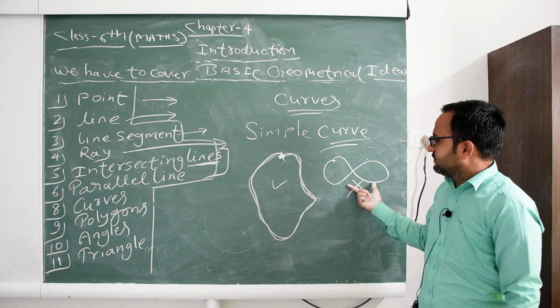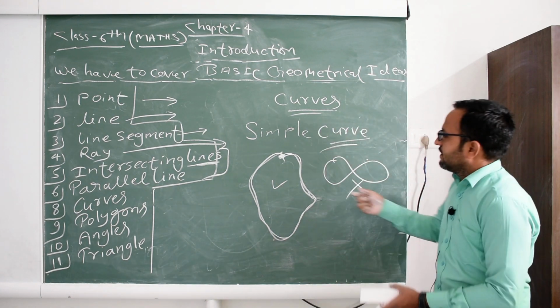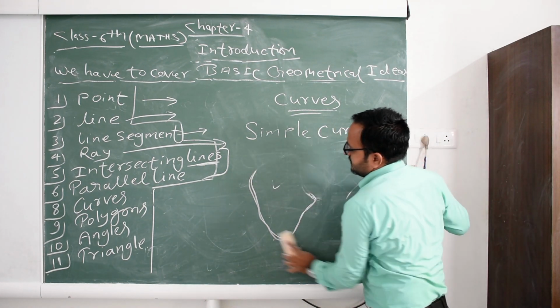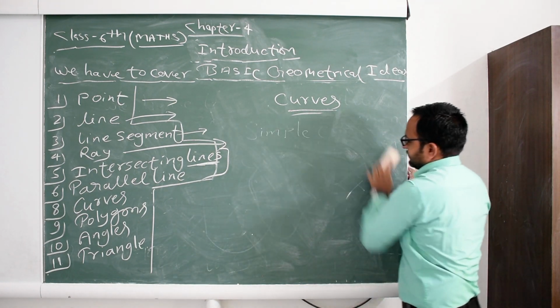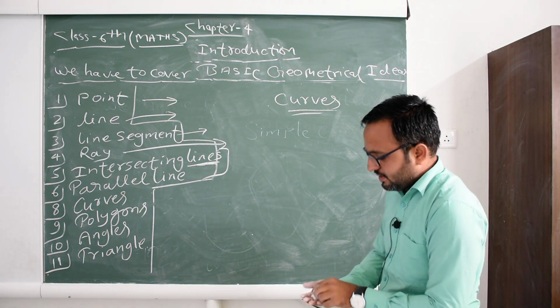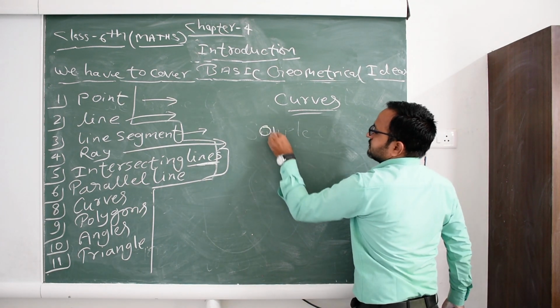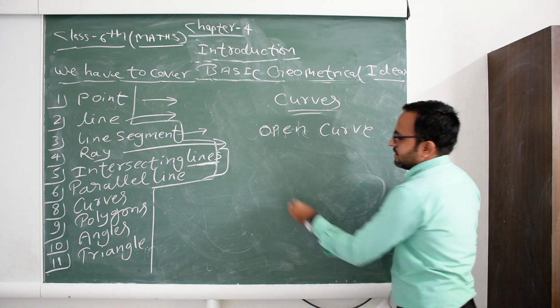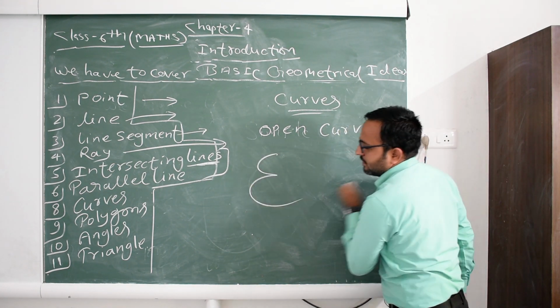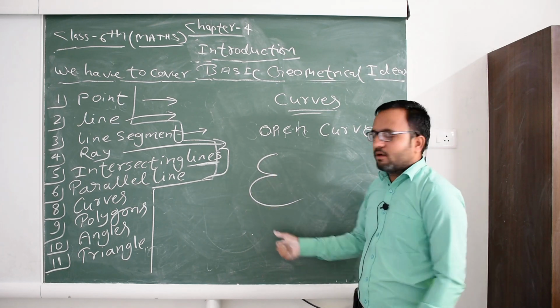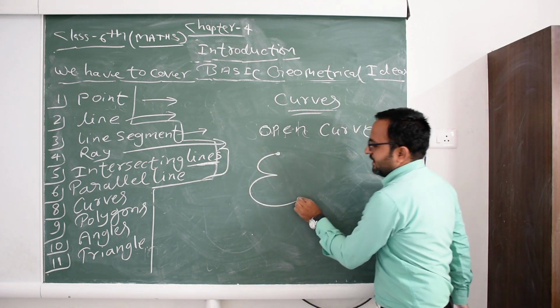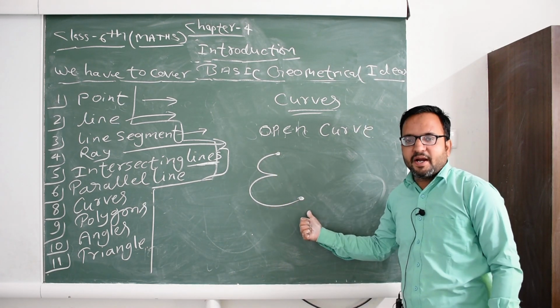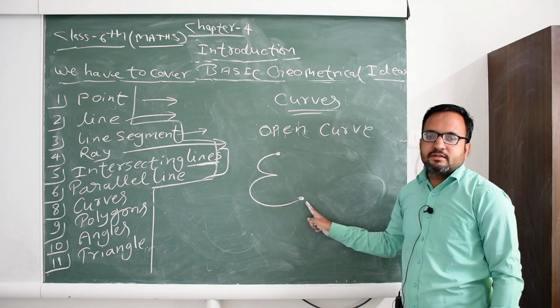Now the next concept is open and closed curve. This is a curve but open at the two end points, which never join.